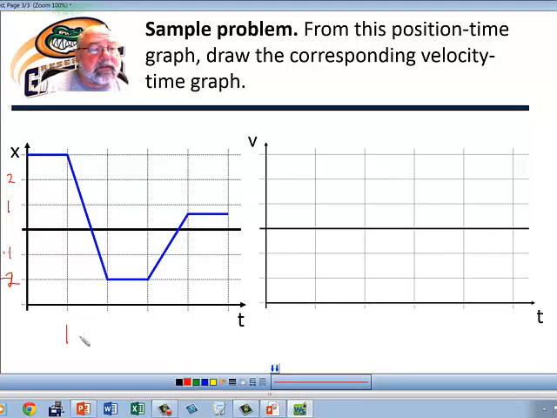Okay, and 1 second, 2 seconds, 3 seconds, 4 seconds, and 5 seconds. And I'm going to make these in intervals of 2.